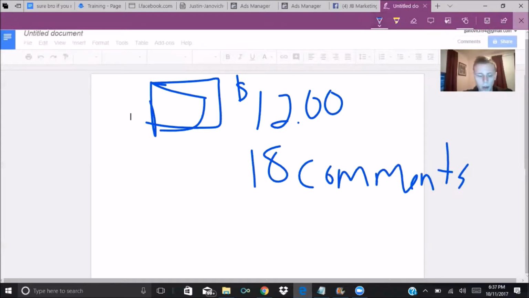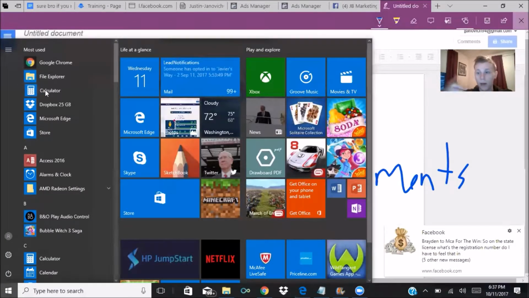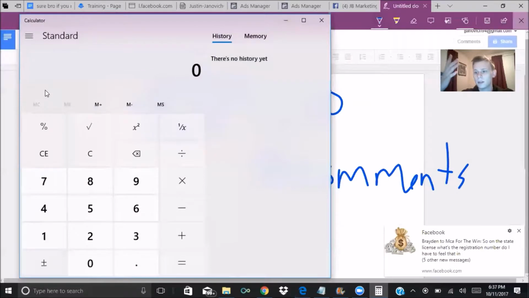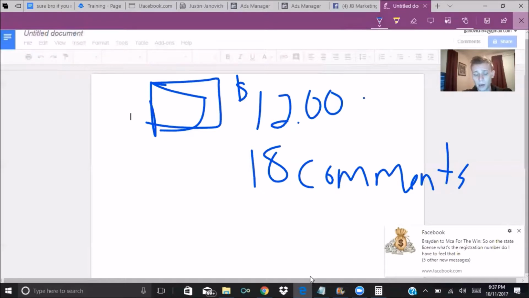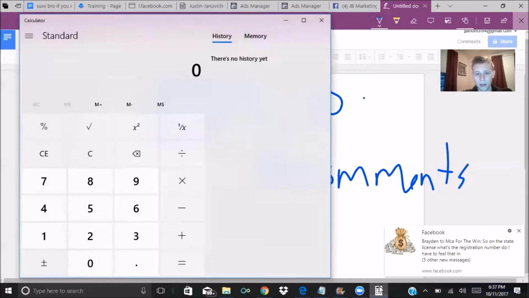Now we're going to break this down. I'm sorry for writing very sloppily. I just don't have my pen today. So as I said, $12, and we got 18 comments asking for information, their leads.